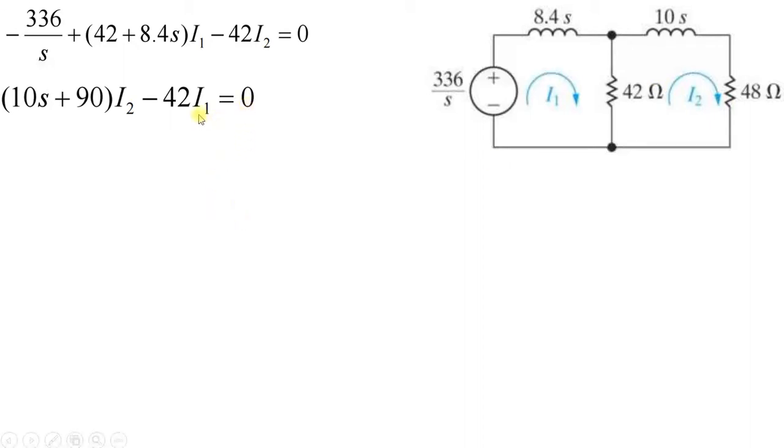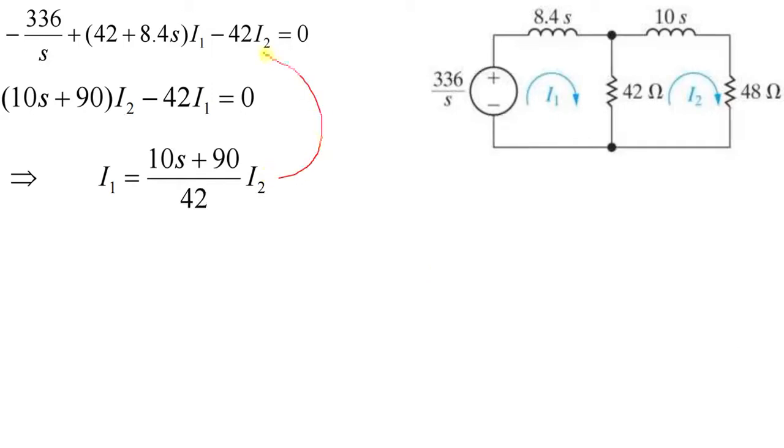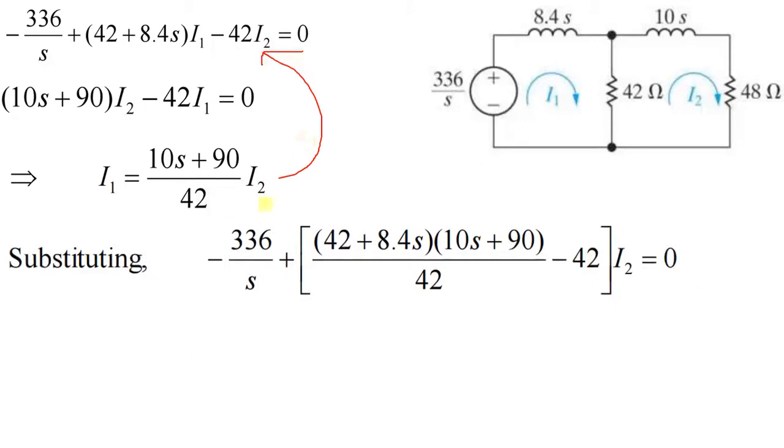From the second equation, I write I1 equal to (10s plus 90) divided by 42 into I2. Now substitute this I1 value in the first equation. Once again, putting this I1 in the equation, it becomes: minus 336 divided by s plus (42 plus 8.4s) into (10s plus 90) divided by 42, minus 42, into I2, which is equal to 0.